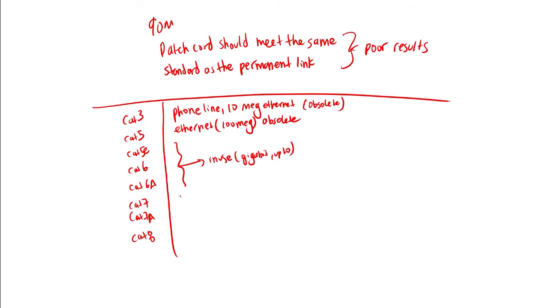And then Cat 7 and 7A are obsolete because they never caught on. Cat 8 is only used in data centers, short distances, 10 gig.